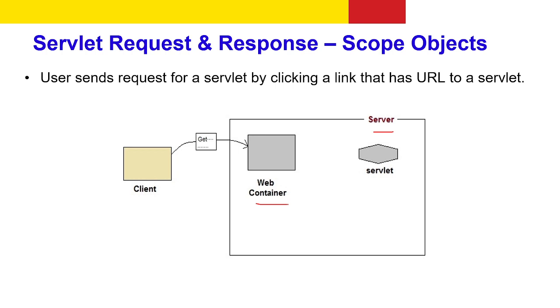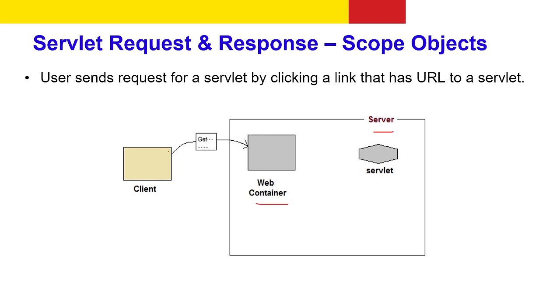Even if it is an app server or a web server: the app server has both an EJB server and a web server, whereas Tomcat is only a web server. So here it has a web container.